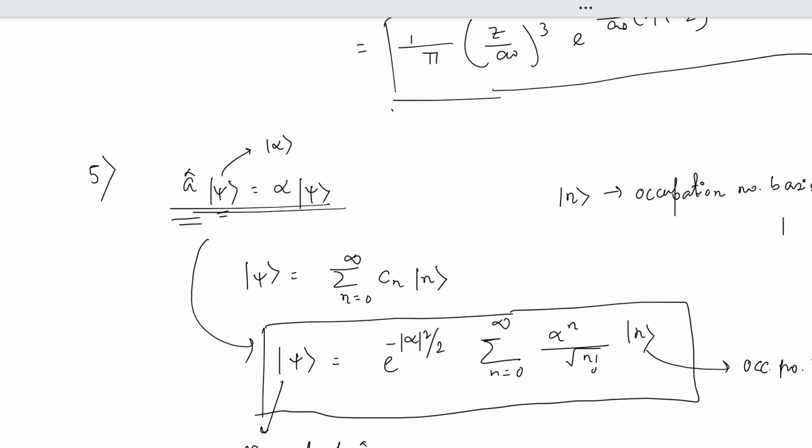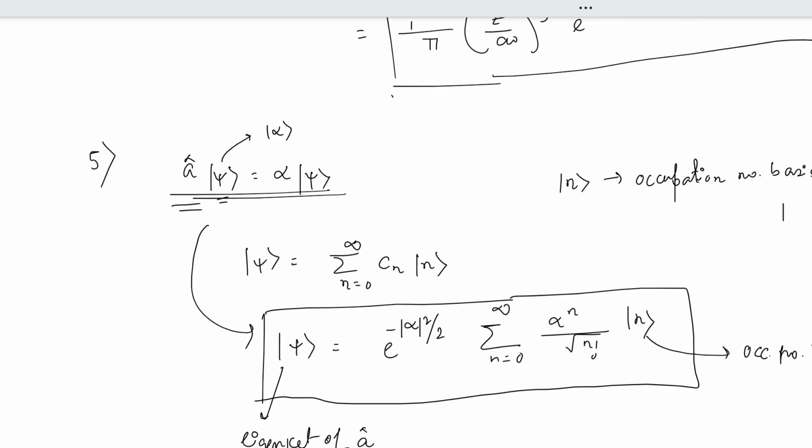So then if you act this on a state psi, which can be represented as the sum of Cn n ket, where n goes from 0 to infinity, and A cap is acting on that, then A cap acts on this n, so what you get is Cn n minus 1 root n minus 1, sum over n from 0 to infinity.